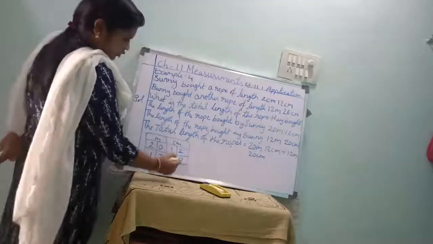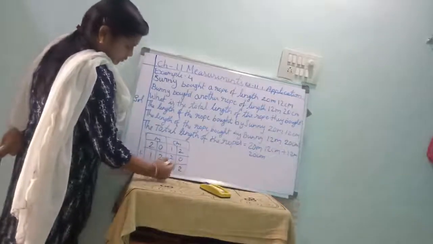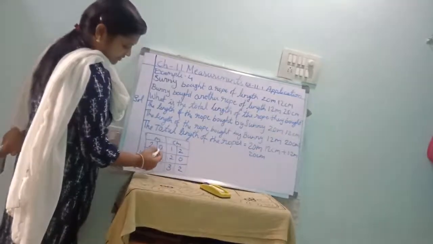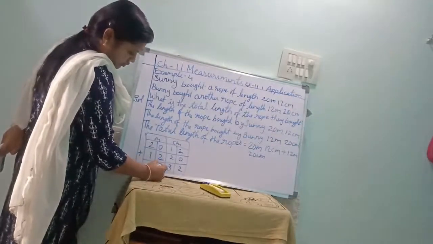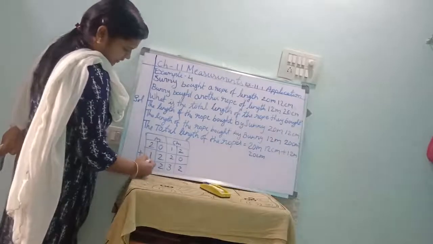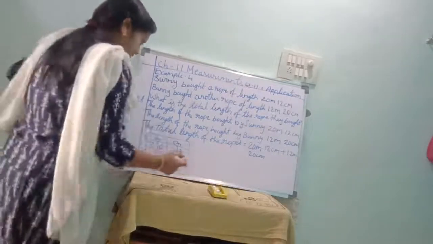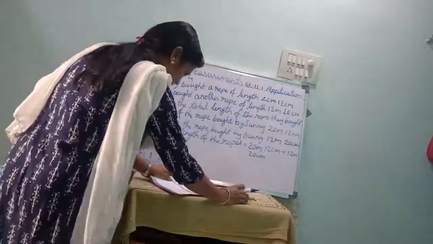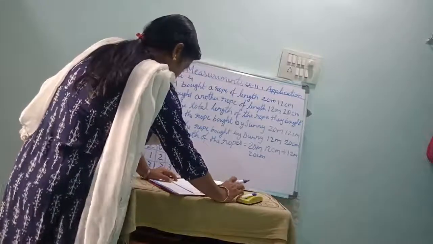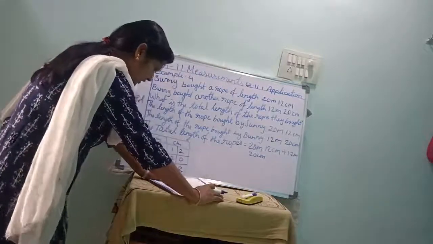You should add. 2 plus 0, 2. 1 plus 2, 3. 0 plus 2, 2. 2 plus 1, 3. What is the total? 32 meters 32 centimeters.